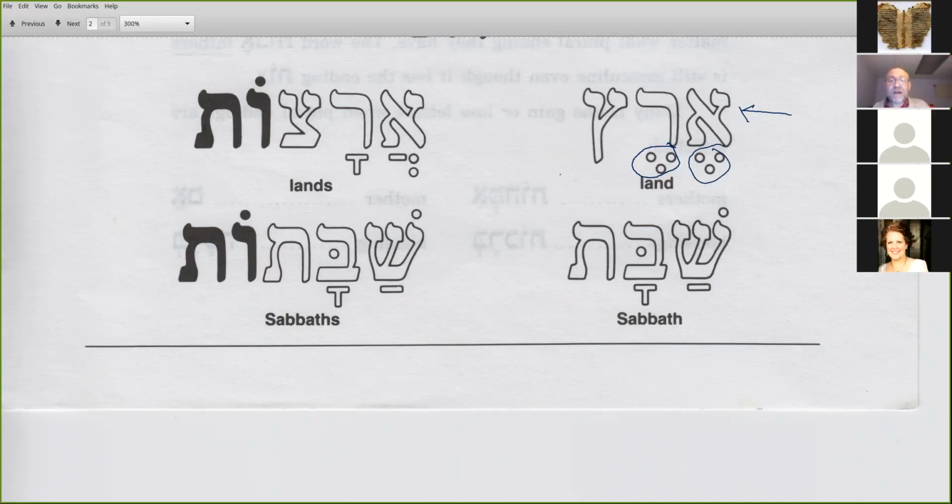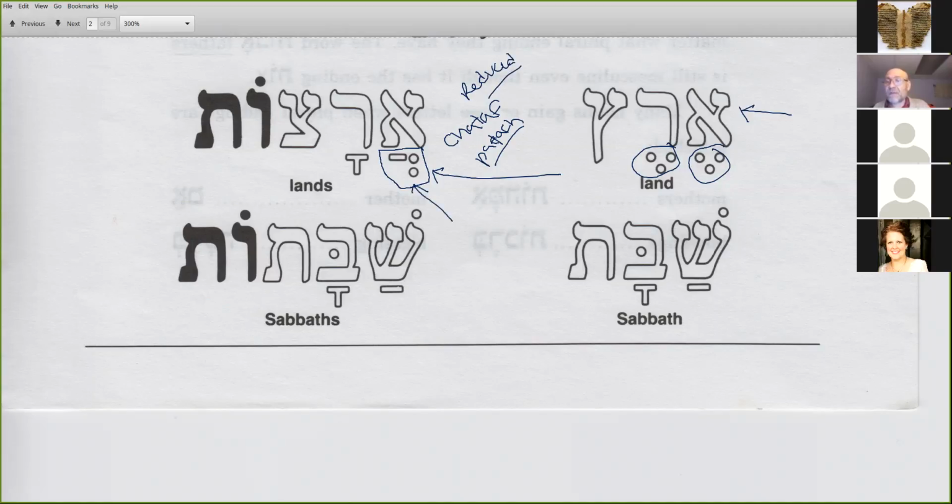So what happens here? Instead of a full segol, it becomes a reduced patach or chataf patach. Reduced. Okay? That's the point of the Shabbat.